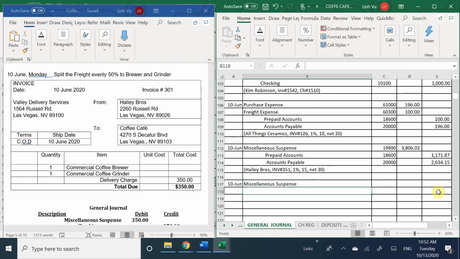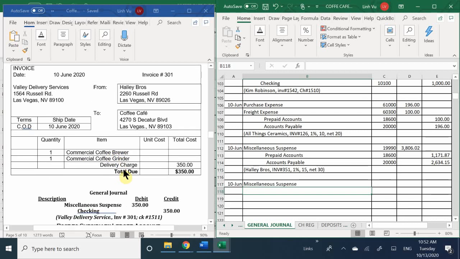What else am I going to have to account for? What's my other account that I'm going to be utilizing? Since it's cash on delivery, you'll have to issue a check. Good. Or a check now.